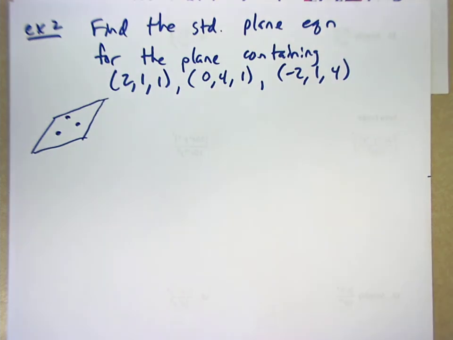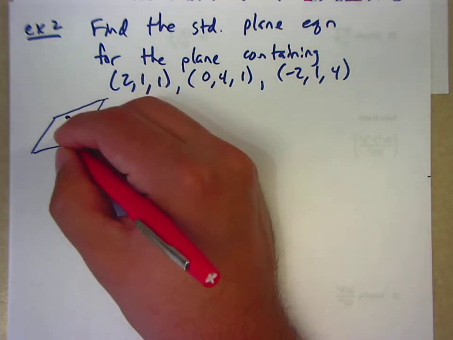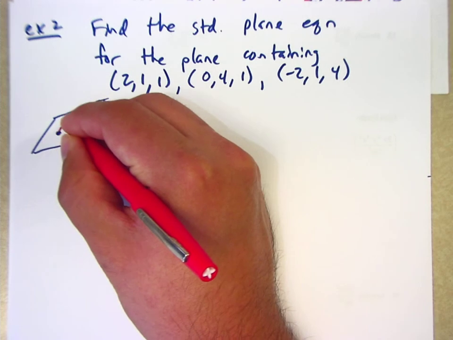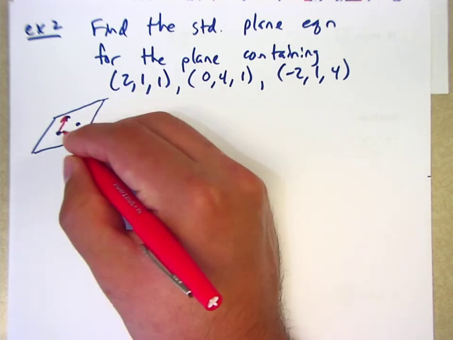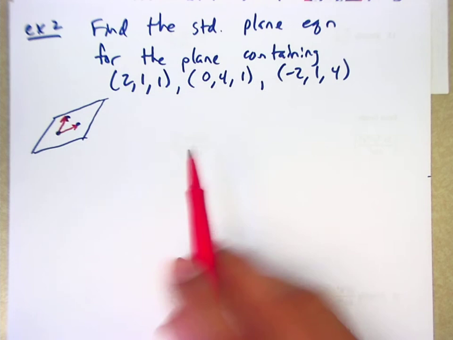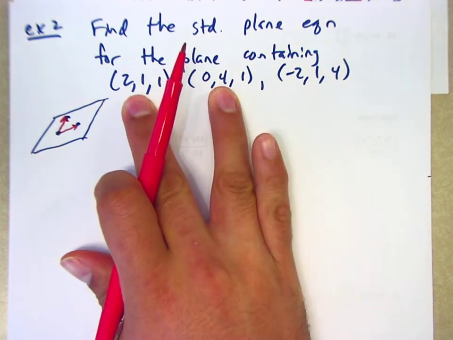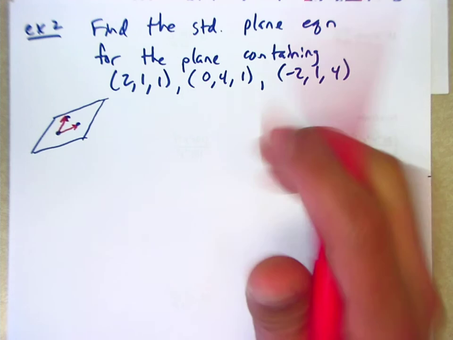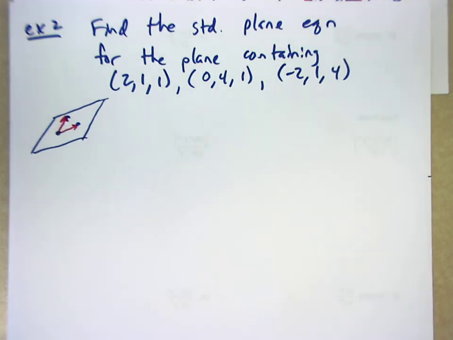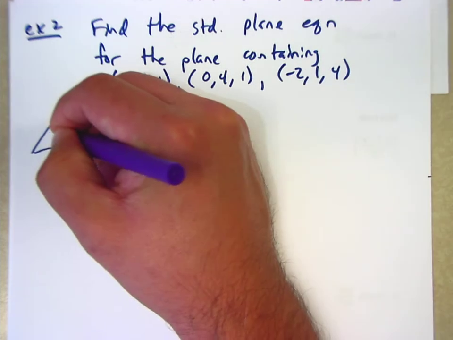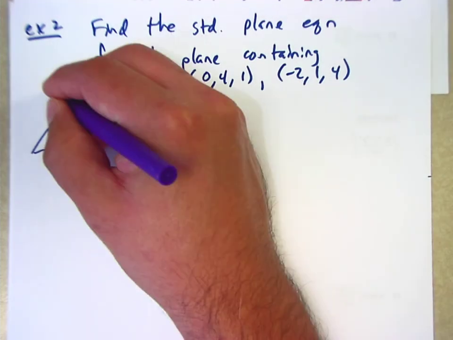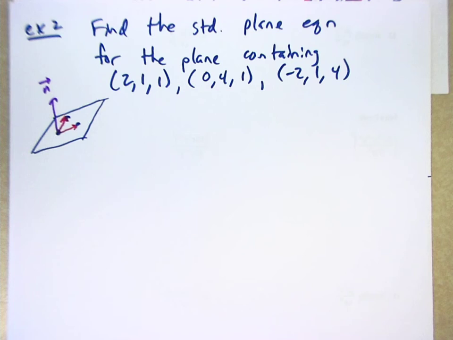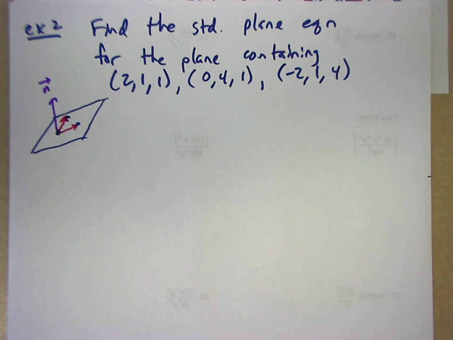So what we can do is, if we create 2 vectors here, so maybe from point number 1 to point number 2, and then point number 1 to point number 3, okay? If we take the cross product of those 2 vectors, now we have our normal vector, okay? So that's all we have to do.